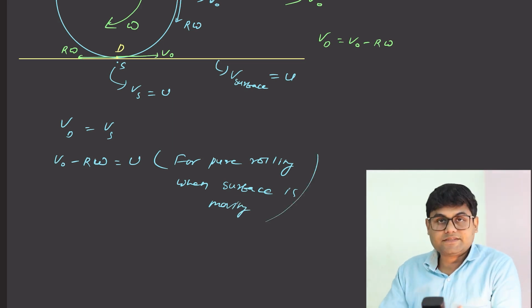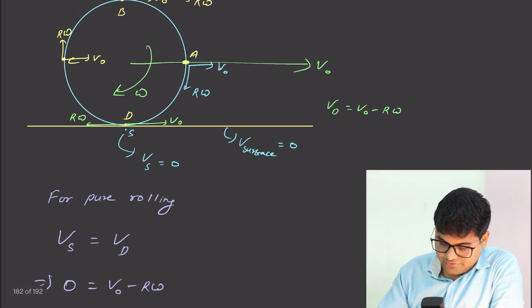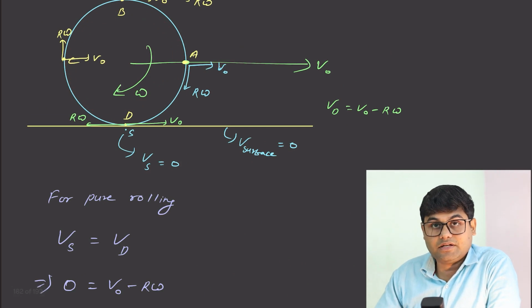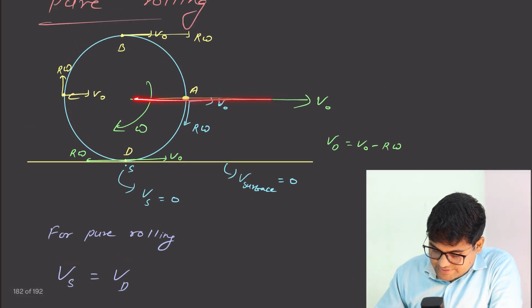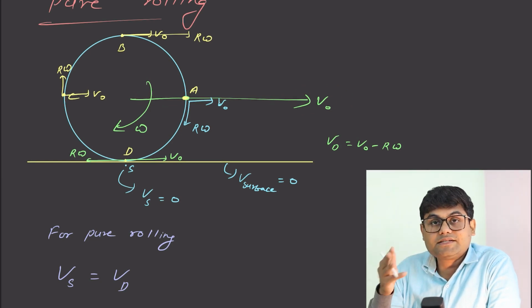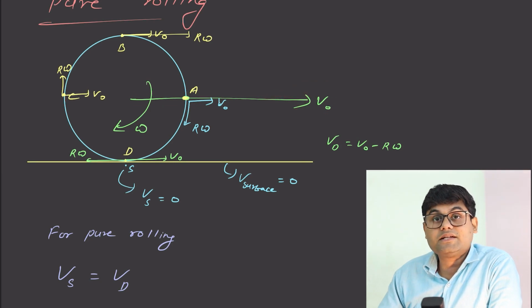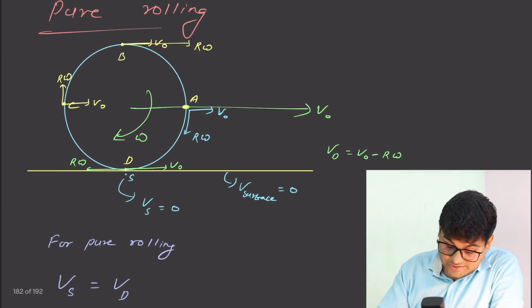Now let's say it has also acceleration. Here we have not talked about acceleration; we are assuming that linear acceleration is 0 and this is translating with constant velocity. Let's say for this case it is not, and the velocity is not constant, it has some acceleration also. So in that case, what will be the condition for pure rolling?